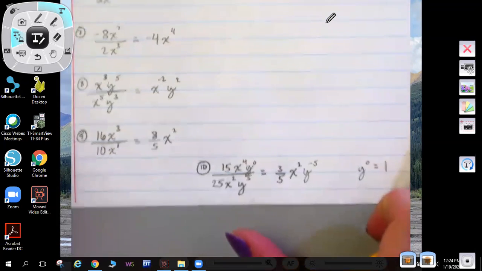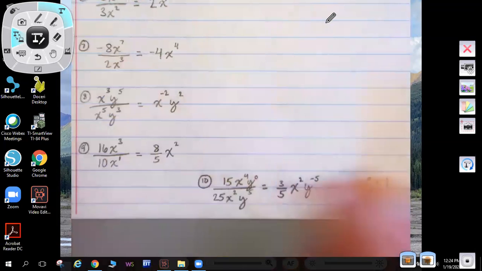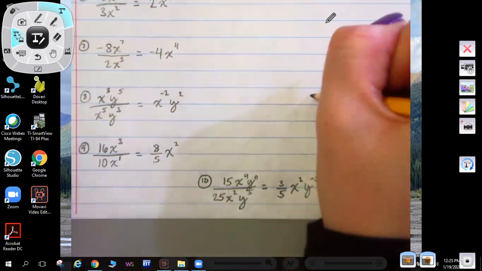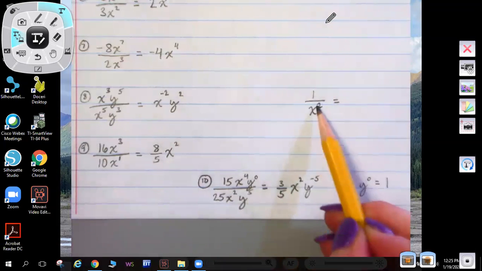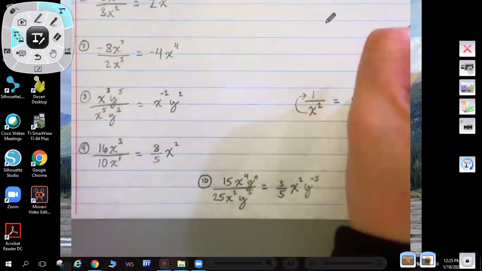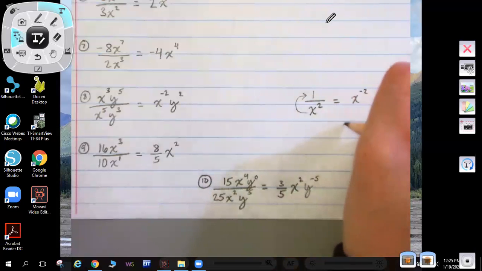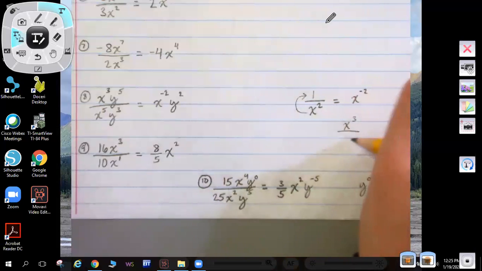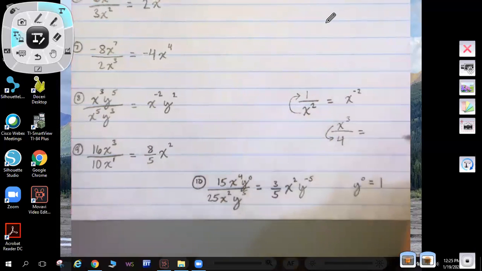Well, and there's another rule in math that if I wanted to move this x squared to the numerator, I can do that. I just have to make that exponent negative. It's the same if I have something in the numerator that I want to move to the denominator. I can do that.